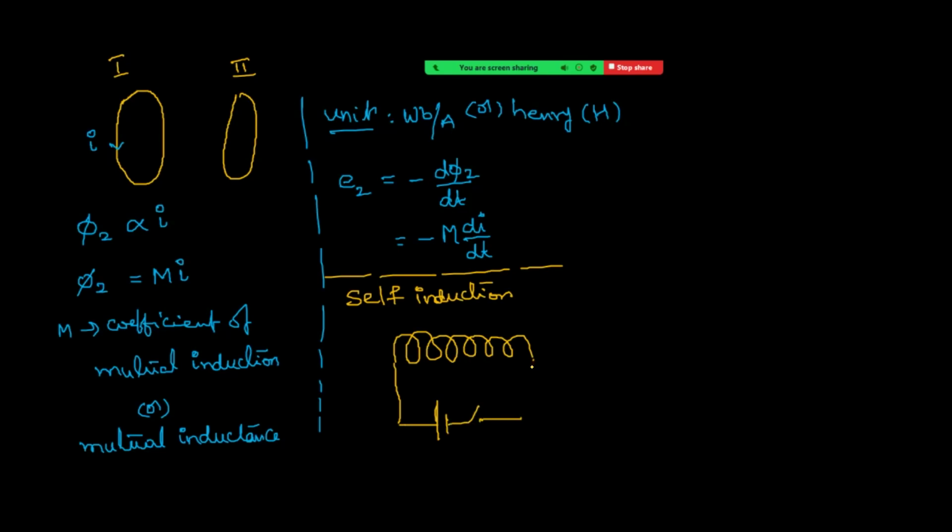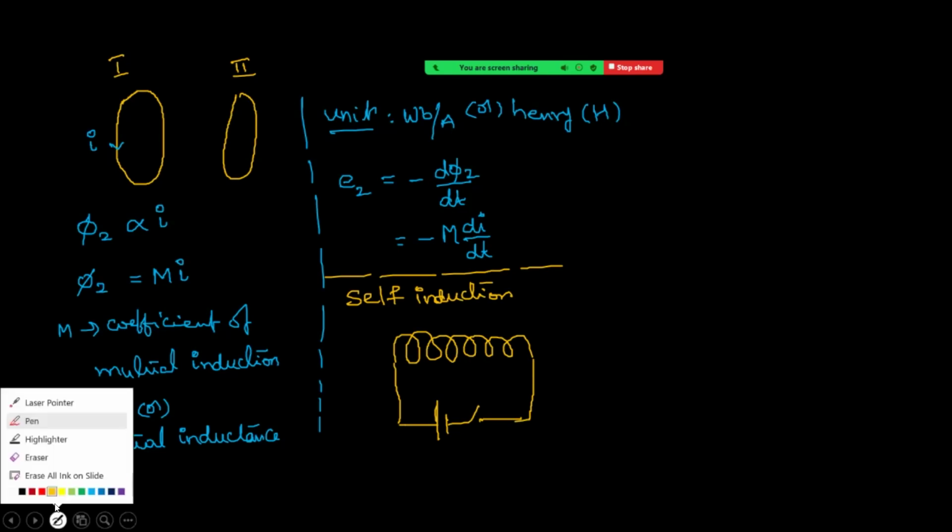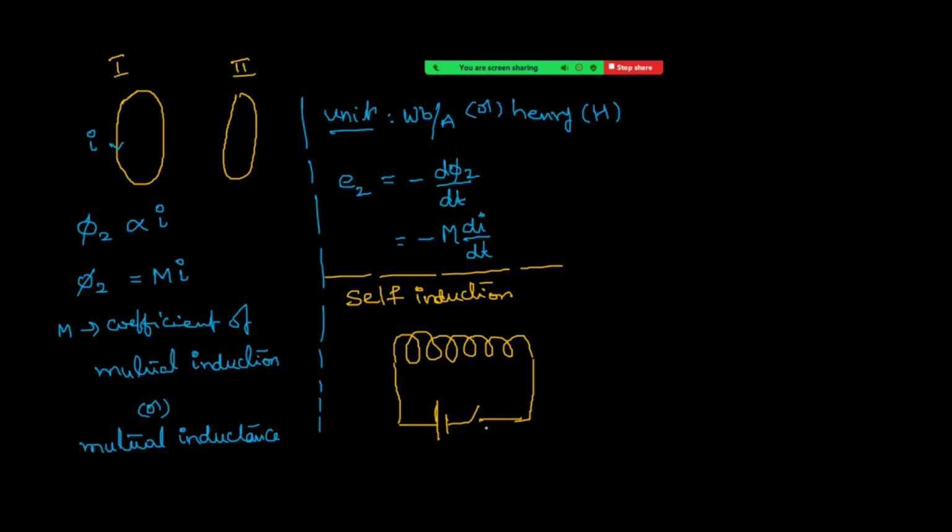Initially, the switch was open, no current. And if you observe carefully, when the switch is closed, the current starts increasing. It does not increase suddenly. It starts increasing once the switch is closed. And when the current is changing, because of this current, the flux linked with this solenoid also changes. And because of that change in flux, an EMF is induced in the same coil. That's why this is known as self-induction.